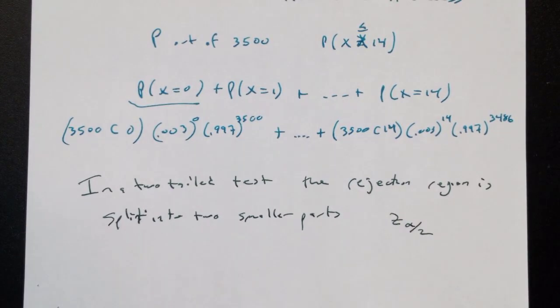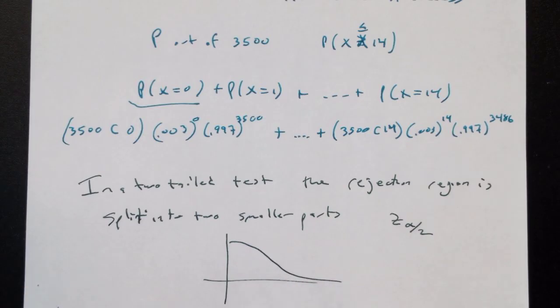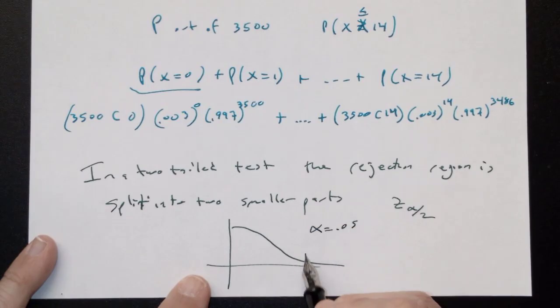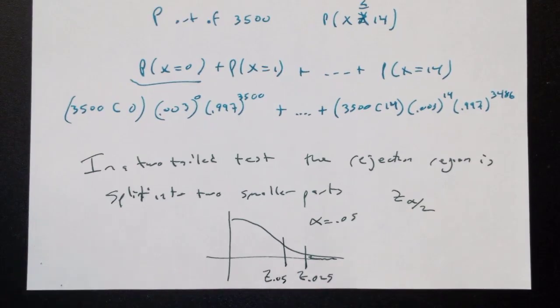That's why we were using the alpha over 2 for confidence interval, because we had the two sides. It was really a two-tailed test. And that means that if we think about our numbers, if alpha is 0.05, then z of 0.025 is further to the right than z of 0.05.